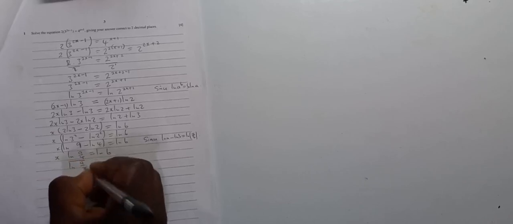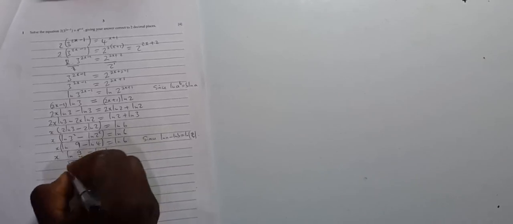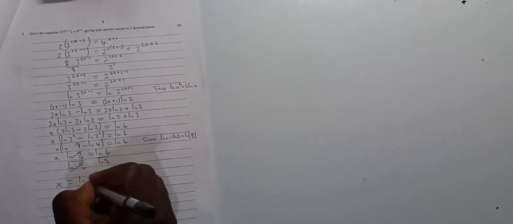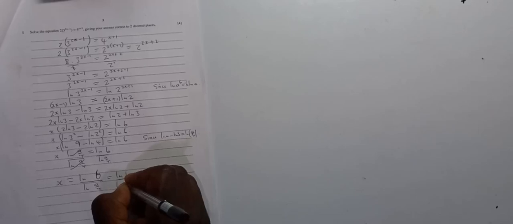So to remain with x, we divide by ln 9 over 4 both sides. So this and that cancel out, and our answer becomes ln 6 over ln 9 over 4. We can also write this as ln 6 over ln 2.25, like that.